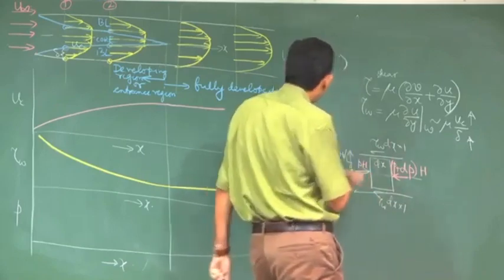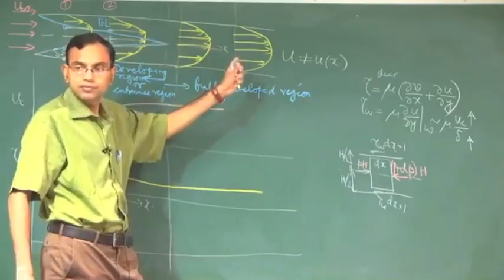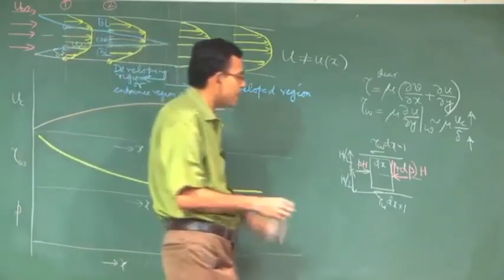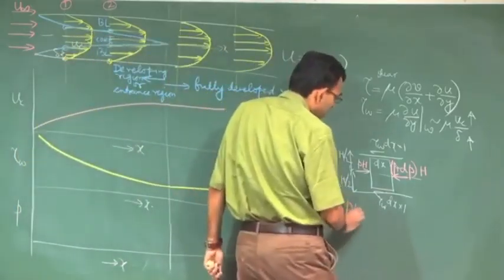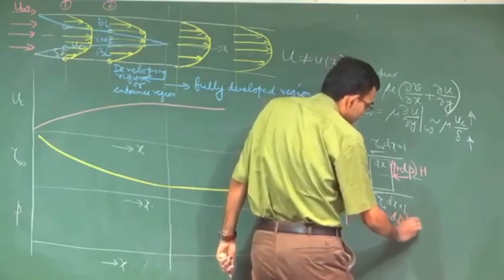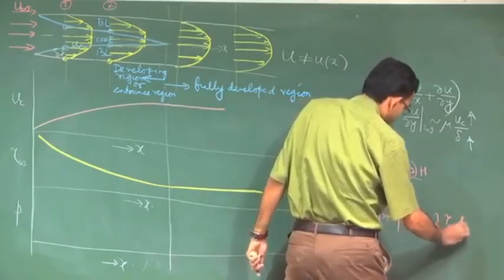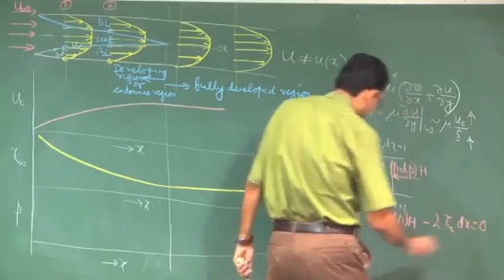For a fully developed flow, there is no acceleration, the velocity profile is not changing, that means all forces are balanced. So, P into H minus P plus dP into H minus 2 tau wall into dx is equal to 0.